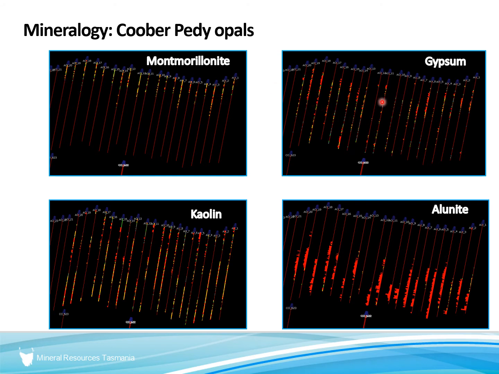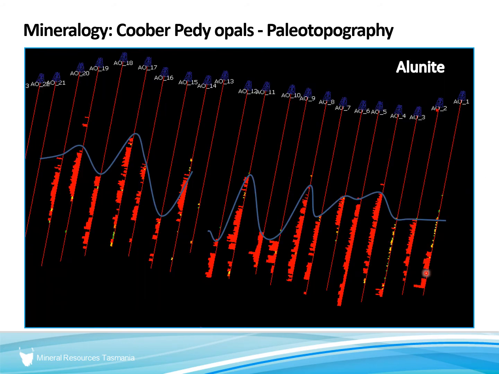Gypsum's more widely distributed, but not right at the surface. Different kaolin minerals are scattered fairly widely, and alunite is concentrated just below the paleo water table. And in fact, that's the interesting horizon. This zone at the base of the paleo water horizon is where the opal occurs. So that can be mapped out, and this is a predictor then of where to go and look for opal.